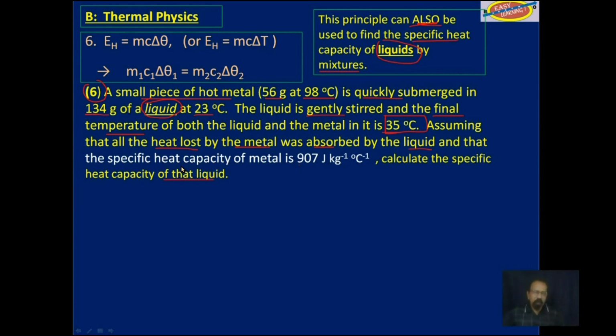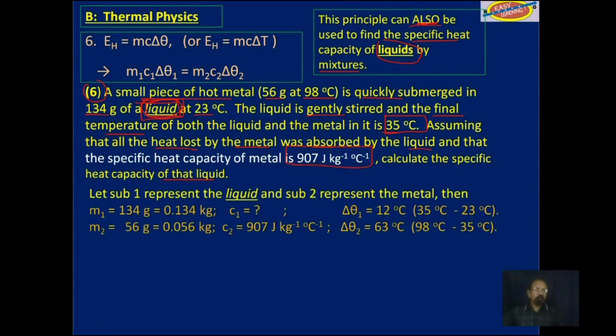Notice that in this case, it is very similar to the previous one, where we were finding the specific heat capacity of a metal, but in that case, we were using water here, and we knew the specific heat capacity of the water. In this case, we follow basically the same procedure, but we use that liquid here, not water, and we need to know the specific heat capacity of the metal.